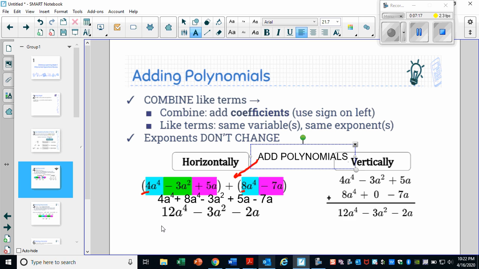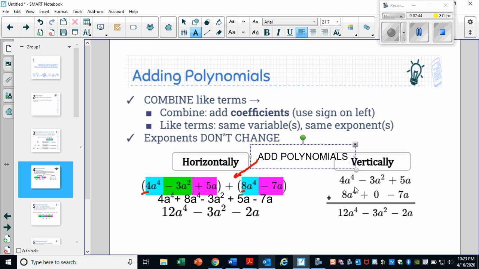And then once you combine your like terms, just add your coefficients. 4 plus 8 is 12. a to the fourth does not change. Negative 3a squared is going to stay negative 3a squared because that's the only a squared term out of all the terms we see here. And then positive 5a minus 7a becomes negative 2a.